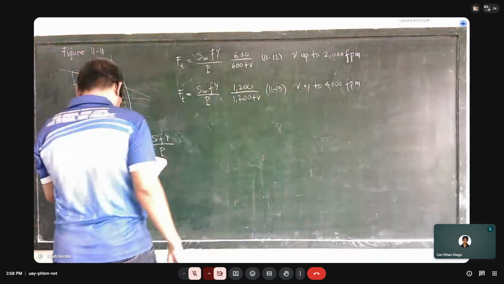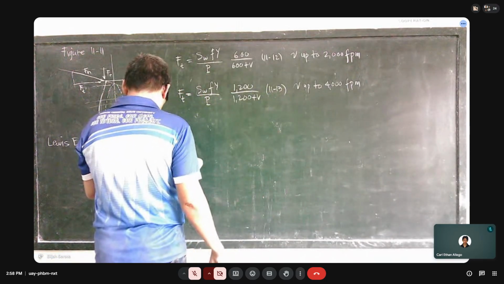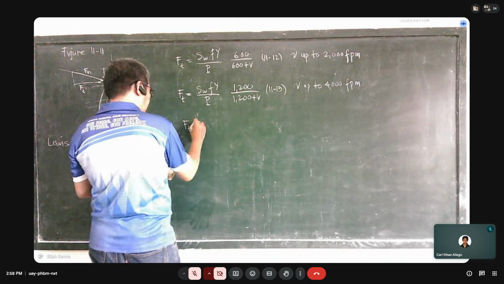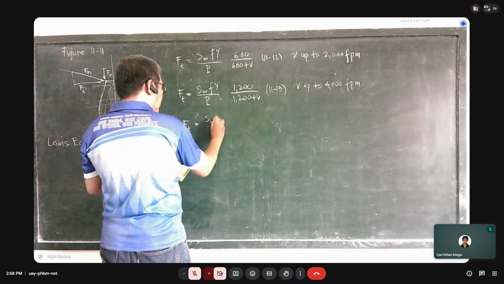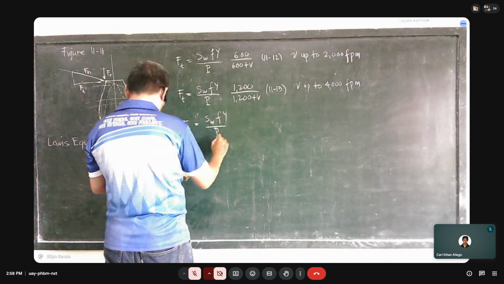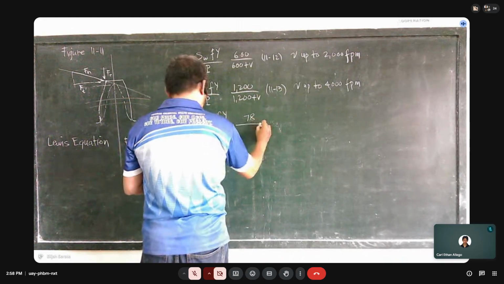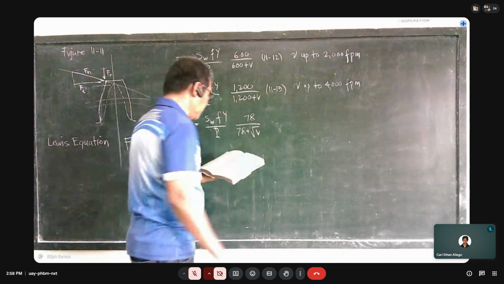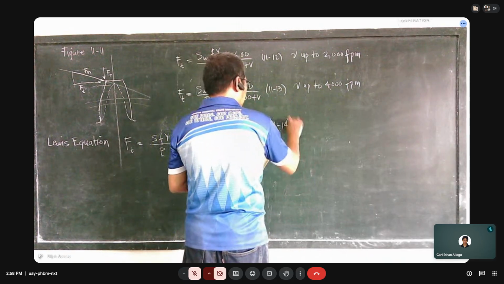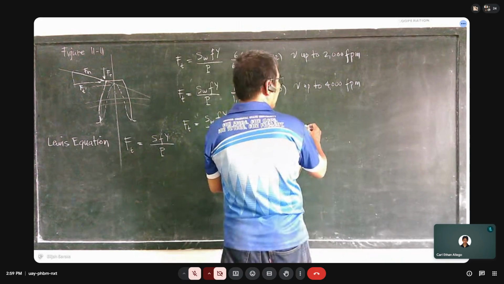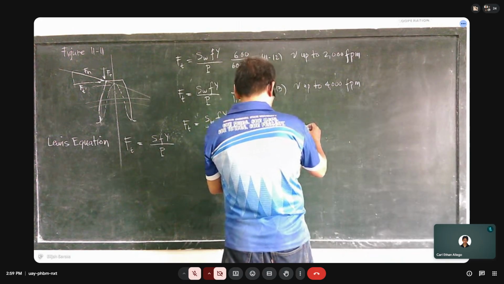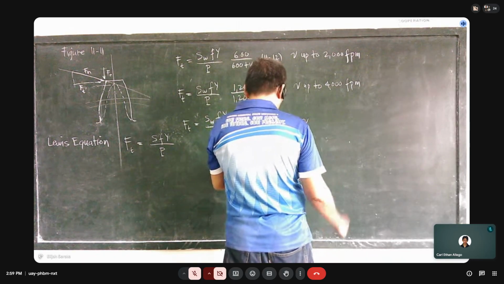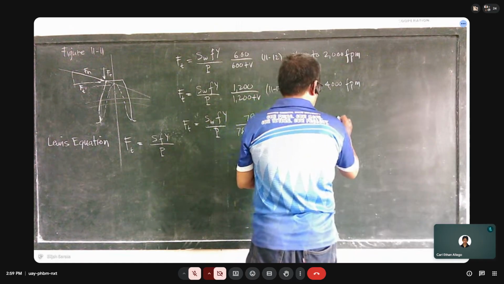And lastly, Ft is equal to S, W, F, Y over P, times 78 over 78 plus the square root of V. This is 11-14, for precision gears, with velocities over 4,000.